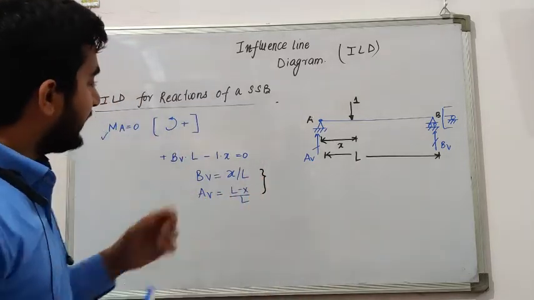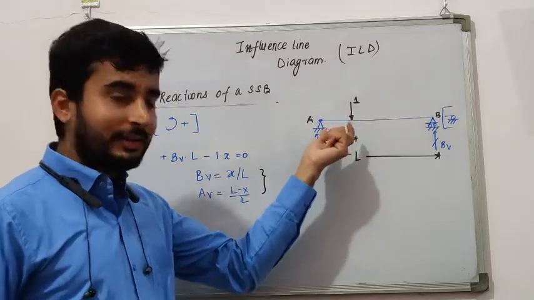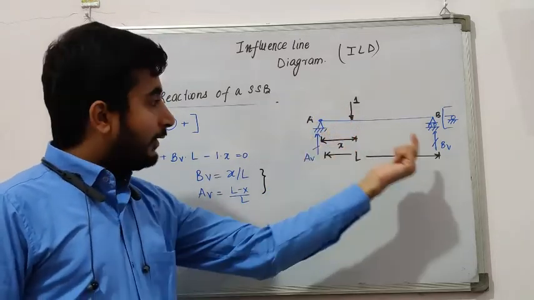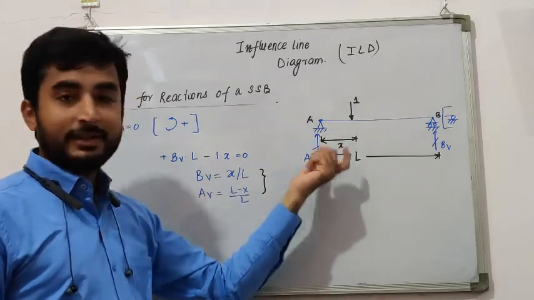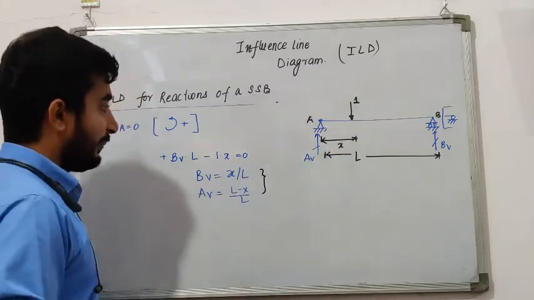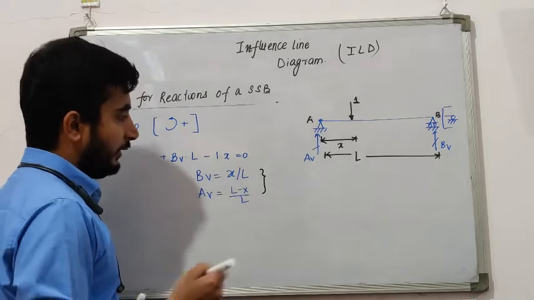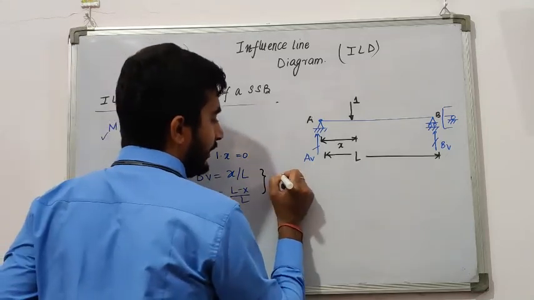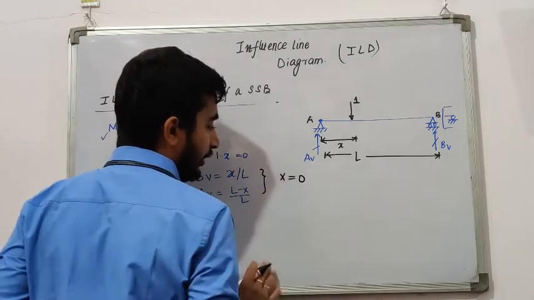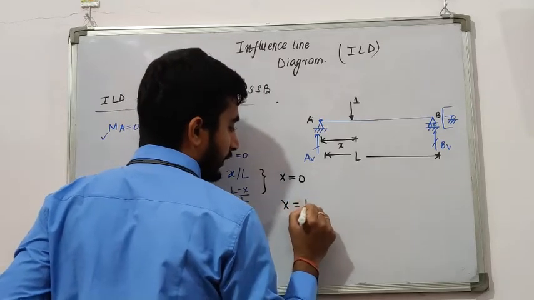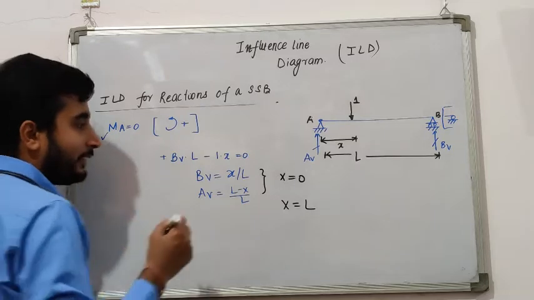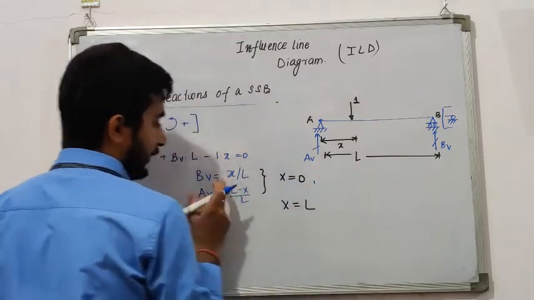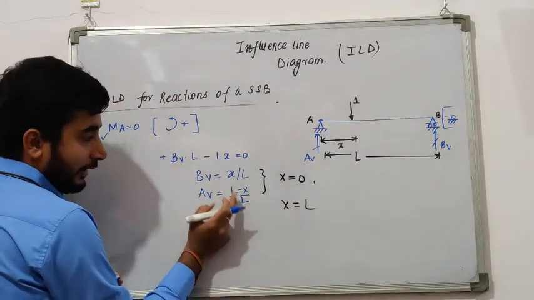These are the two equations which we have got for a point. So when this unit load is at distance x from A, there will be some support reaction x by L from here and some support reaction (L minus x) by L from here. Now let us see what can be done. We have two boundary conditions: either x is equal to 0 or x is equal to L. When x equals 0, I substitute x equal to 0 here and here.